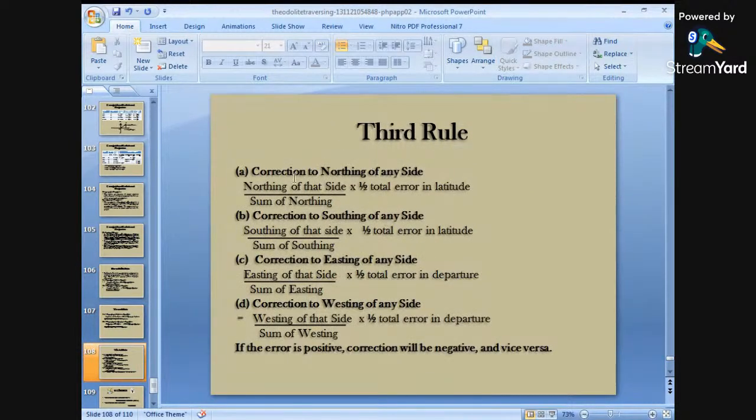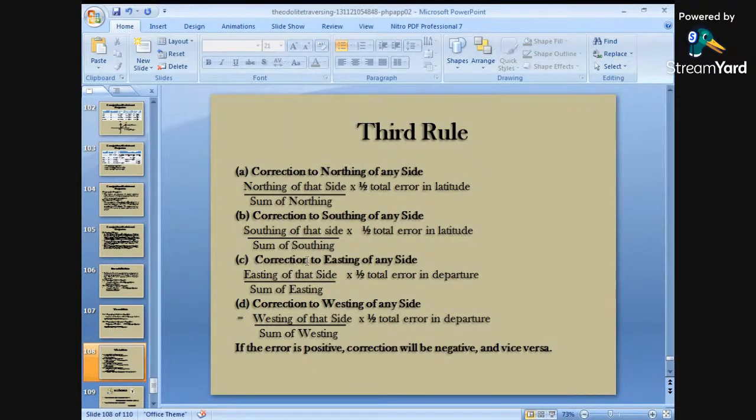Then there is the third rule formula. Now in this, you have to do the correction separately: northing separately, southing separately, easting separately, westing separately. So the correction to the northing is the northing of that side divided by the sum of the northing, into half the total error in latitude. Then the correction to the southing is the southing of that side divided by the sum of the southing, into half the total error in your latitude.